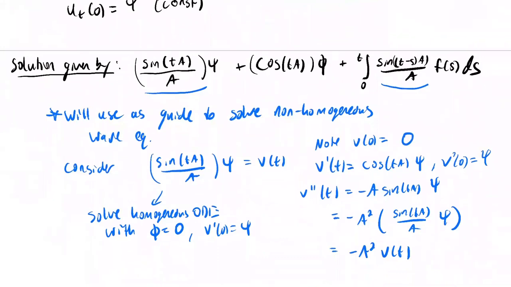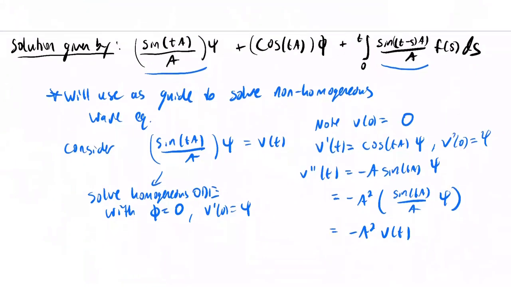And so this indicates that we expect the solution formula to the wave equation when the initial position is 0 to show up twice, right? So it shows up in the first term here and then in the integral term.